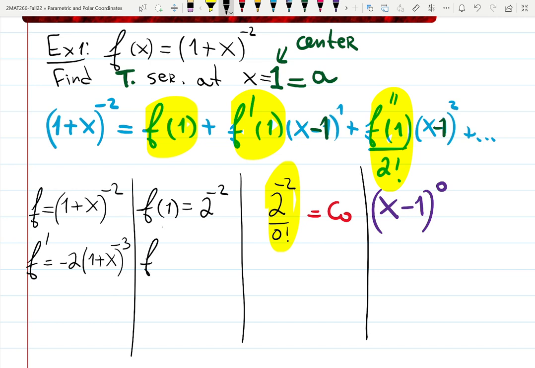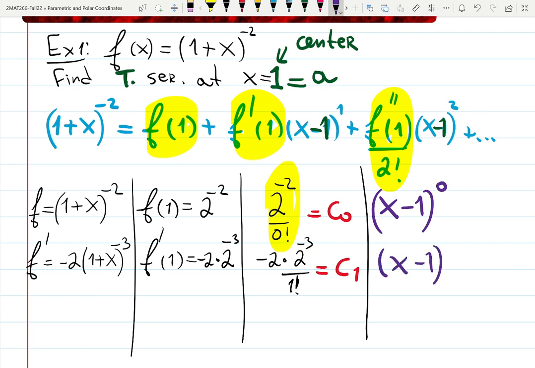I totally understand. The first derivative at 1 becomes minus 2 times 2 to the minus 3. That will be divided by 1 factorial. To be honest, I just remember that the first 2 do not change, so I don't care. This one is multiplied by x minus 1 to the 1.